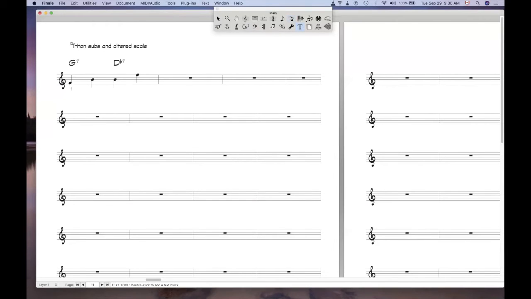As you see, the flat 7 of G is the 3rd of D flat, and the 3rd of G is the flat 7 of D flat.